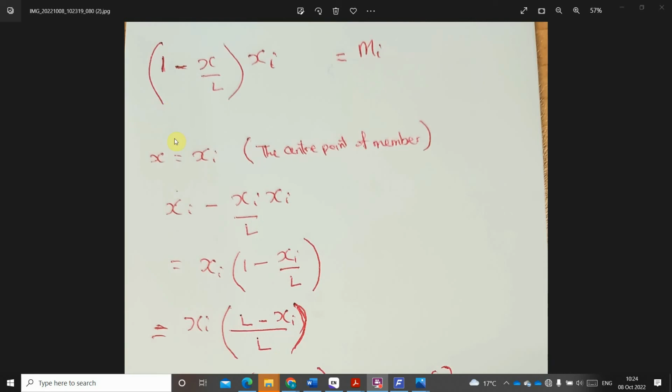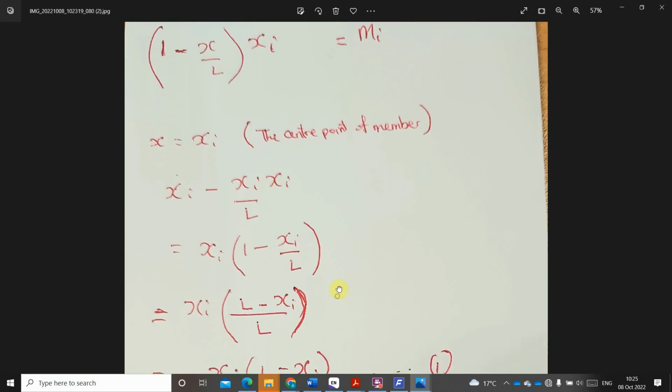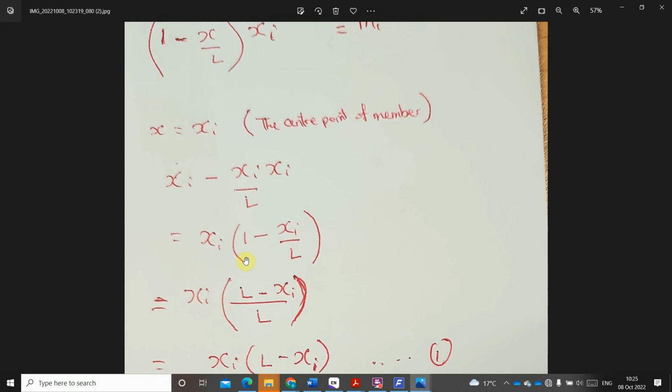Now when our S equals Xi, putting our S, changing it to Xi, we're going to have it this way, and expanding Xi times this one, we have Xi times this will give us Xi over L. Now if we expand the bracket, taking Xi out, we have 1 minus Xi over L, and simplifying further, taking L as the LCM of the two, we have L minus Xi.